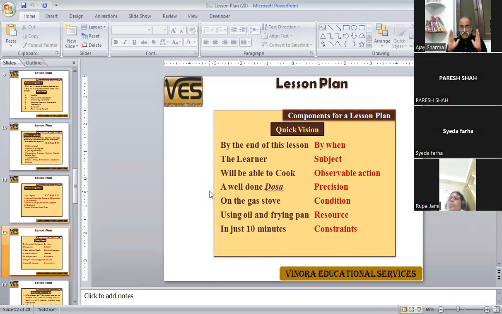That is precision. Condition, on the gas stove. I'll give you more examples later on. Then resources, using oil and frying pan. And then lastly, we see the constraint: in 10 minutes, in 15 minutes, in 40 minutes, in 35 minutes. Depends upon the duration of the class. More examples are coming down.